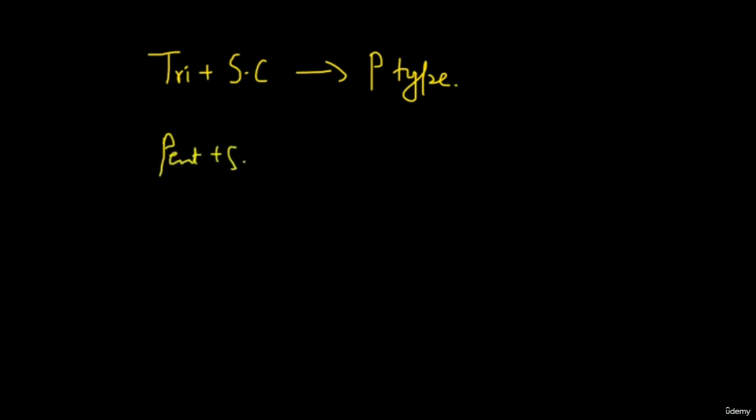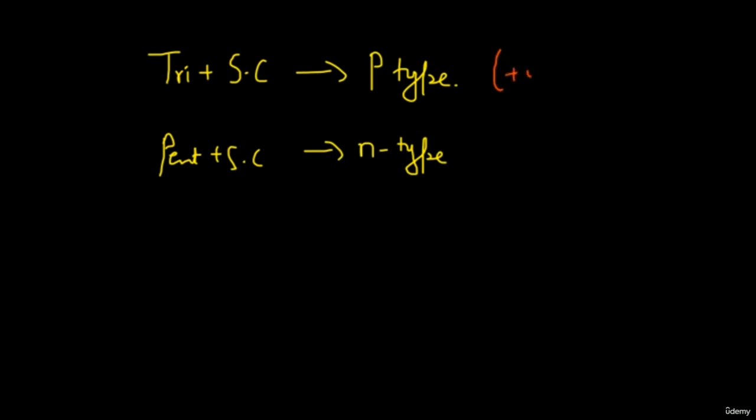The deal here is when you add trivalent to a semiconductor, it becomes p-type or positive type. When you add pentavalent to a semiconductor, it becomes n-type or negative type. So positive type and negative type.